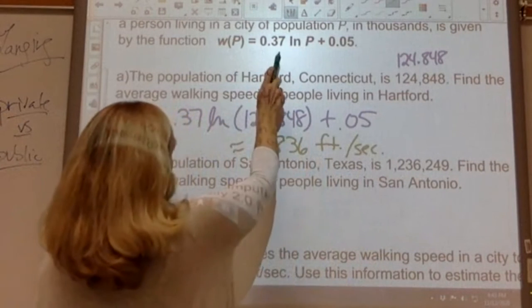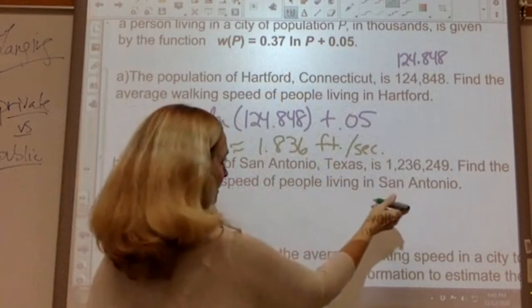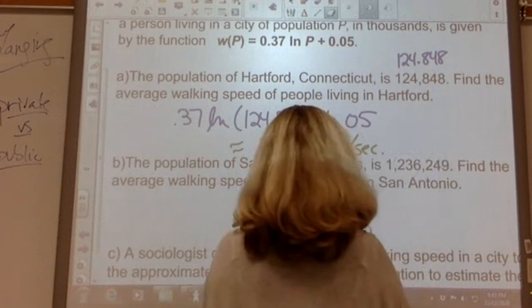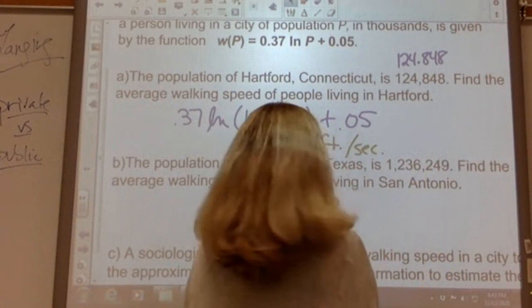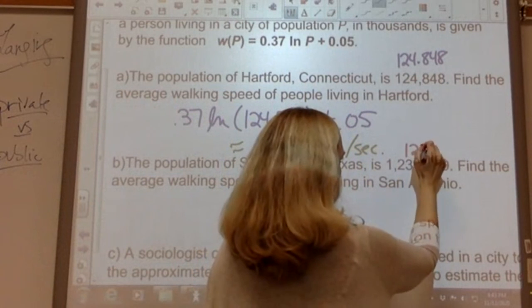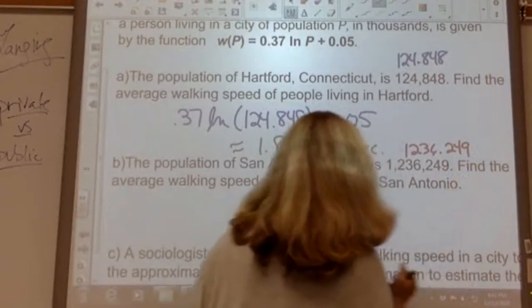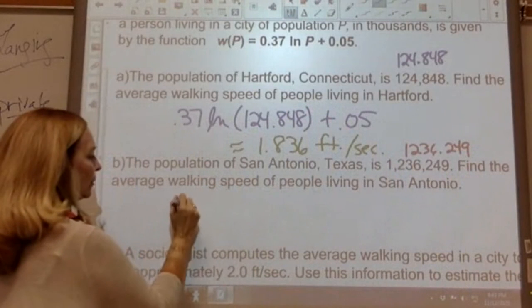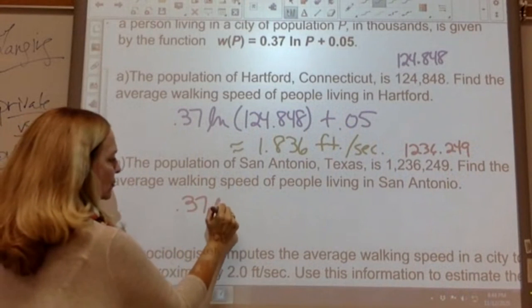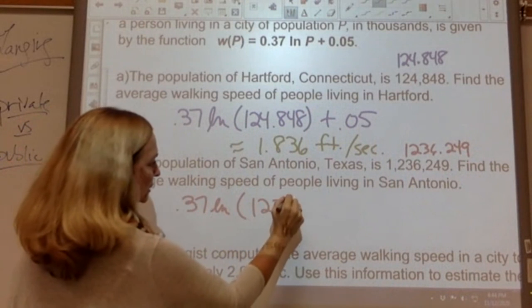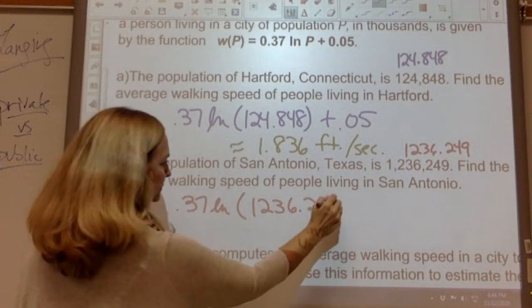And so we just take this, we change it to thousands. So this would be 1236.249. And so then I plug this in. So I have 0.37 natural log of 1236.249.